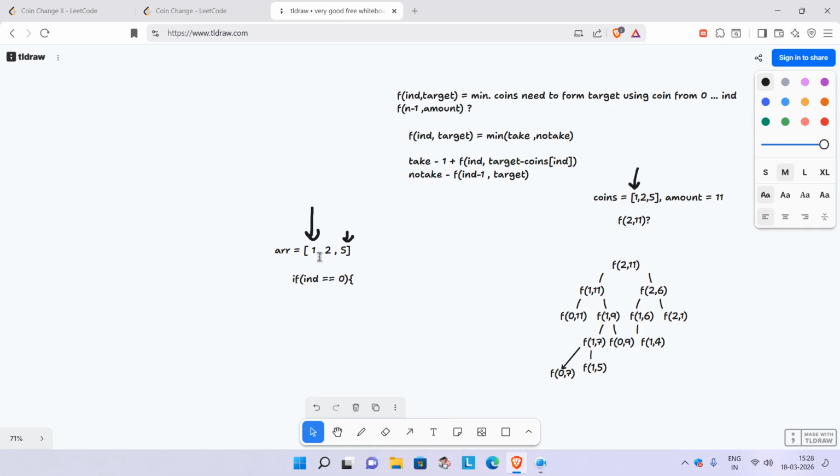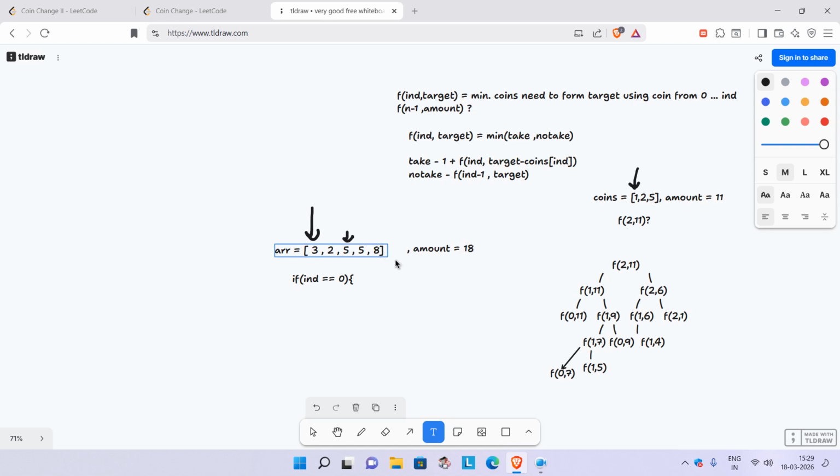Let's say it becomes 3. Let's assume I'm talking about this test case, this is nothing but 6, or this is nothing but 8. For the target, the amount is nothing but 18. Now let's say any of the amounts here.